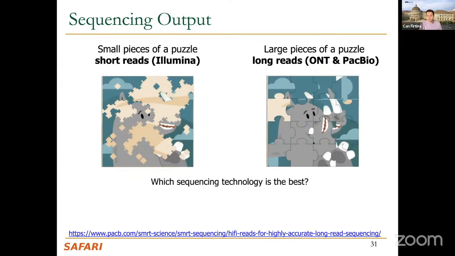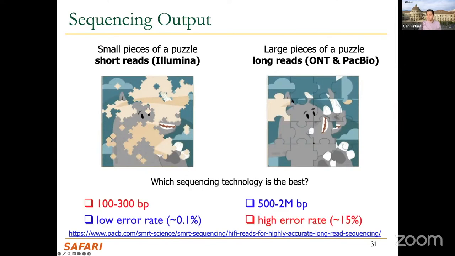But again, if we just talk about the length of the reads, then maybe the winner is clear, right? Why not just use these longer pieces, because it's easier to construct. But then the other problem is that these longer reads usually have higher error rates. Nowadays this is around the 5% to 1% range, not 15%, but this used to be the case a few years ago.